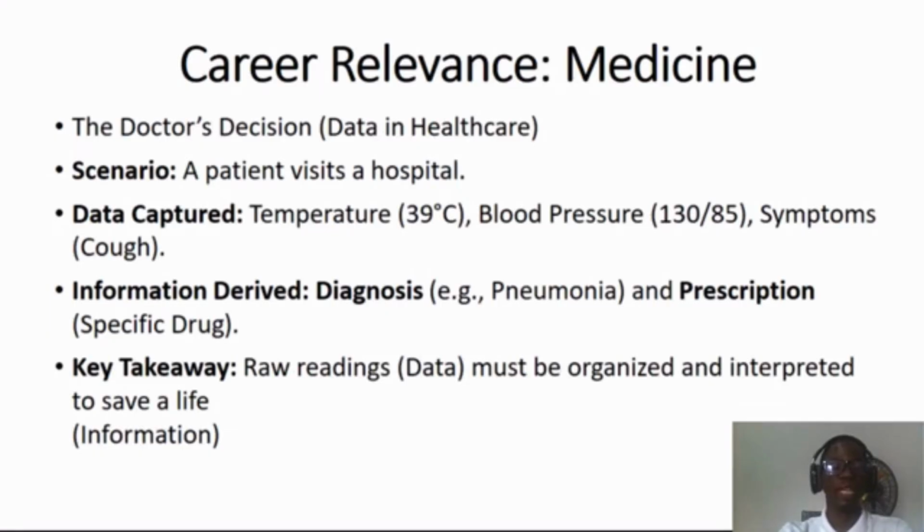When you have data that is not being interpreted, it doesn't have meaning. Remember what I said: organized and interpreted means it must give you meaning. Like, based on what I have, what meaning can I bring? Can I use it to generate maybe the total of a score? Can I use it to know the number of people that come to my hospital? Can I use it to know the age?